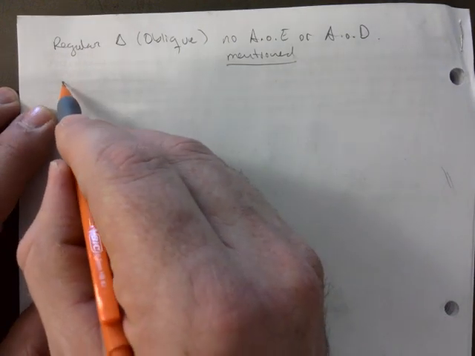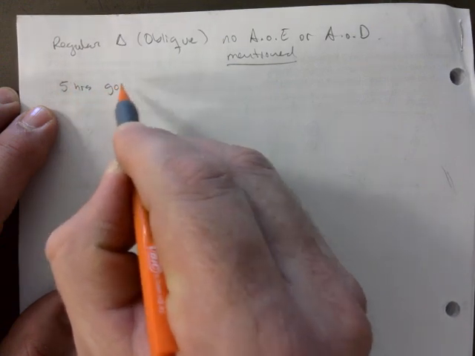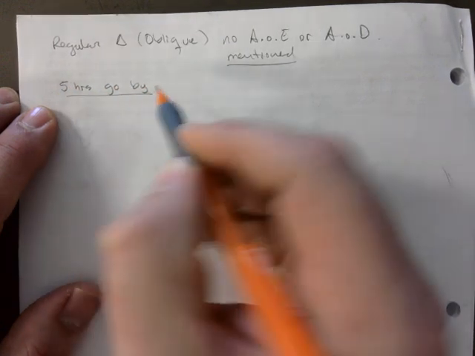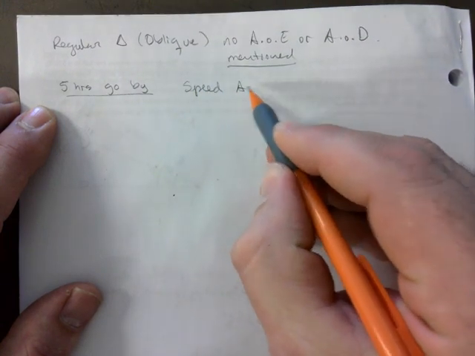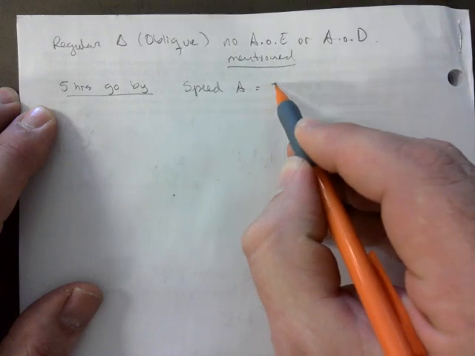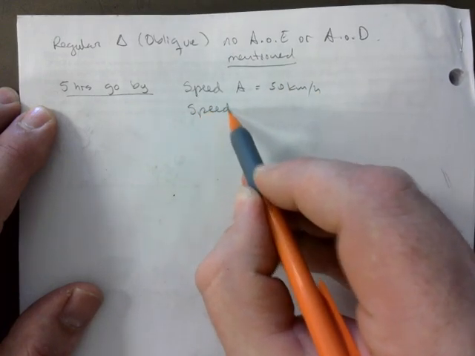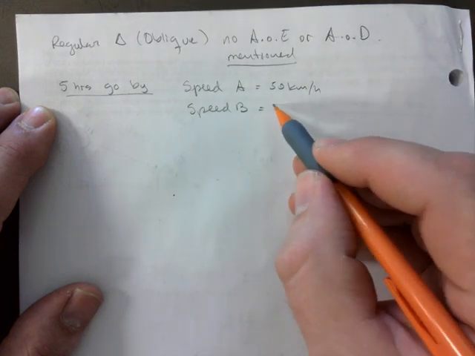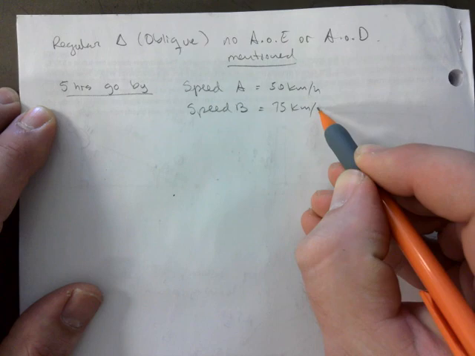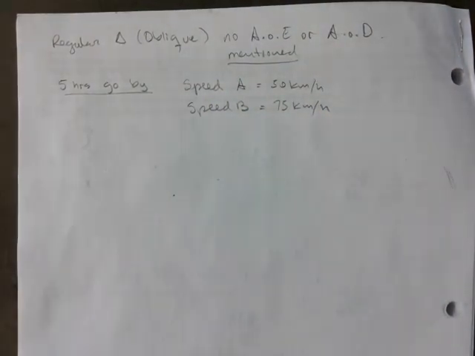So let's say 5 hours go by. I'm going to add a speed question. Speed of A is 50 kilometers an hour. Speed of B is 75 kilometers an hour. And so they both leave the same place and determine the distance between them after 5 hours.